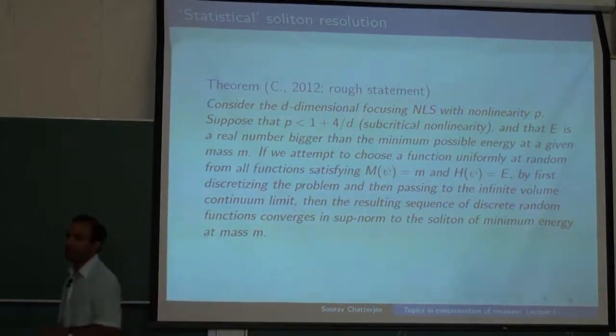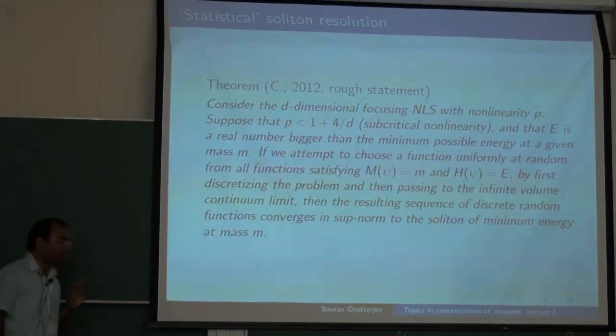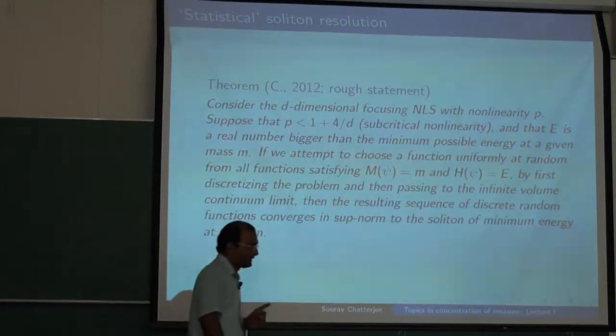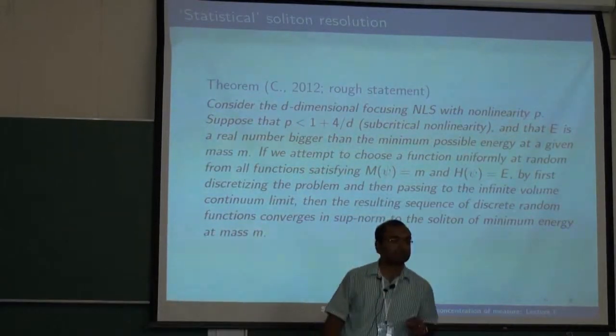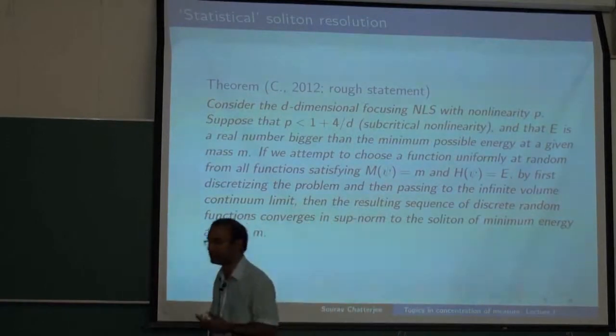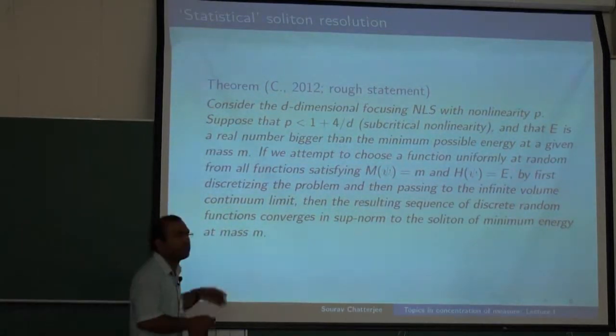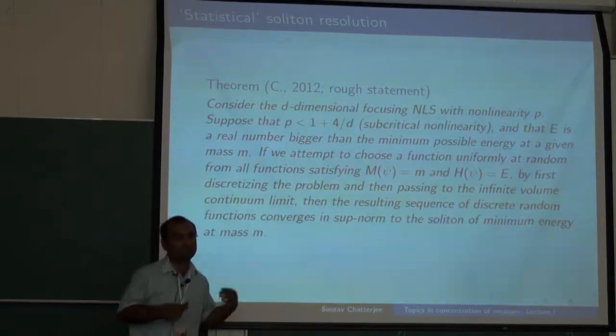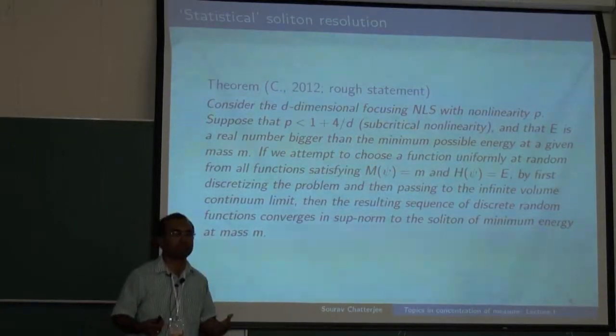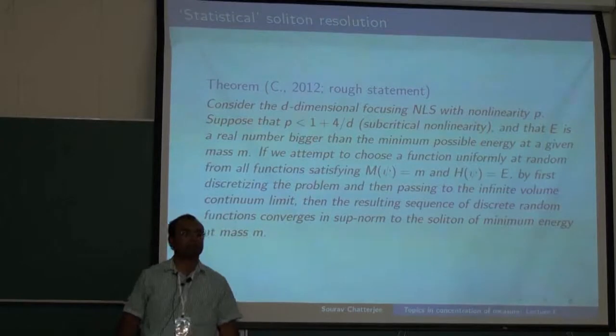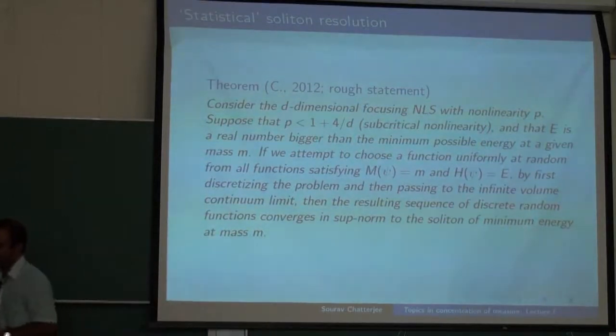But in 3 and higher dimensions, except in one case, which is the defocusing cubic NLS, where there are these Φ^4 field theories which allow you to construct an invariant measure. Other than that, in dimensions 3 and higher, no one knows how to construct an invariant measure for the continuum system. But for the discrete system, you can always do it. If you discretize, you can always construct invariant measures, and then you can pass to the limit. And you get a soliton. Any questions?